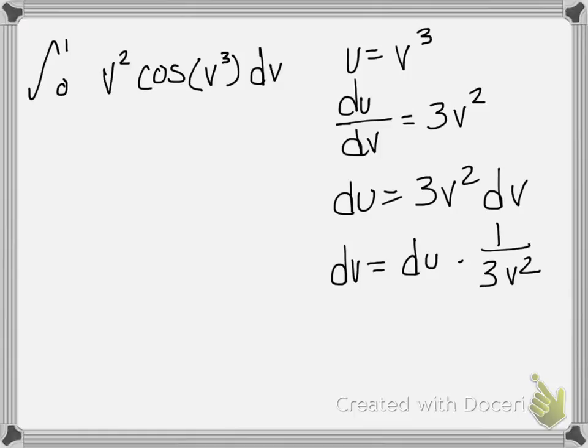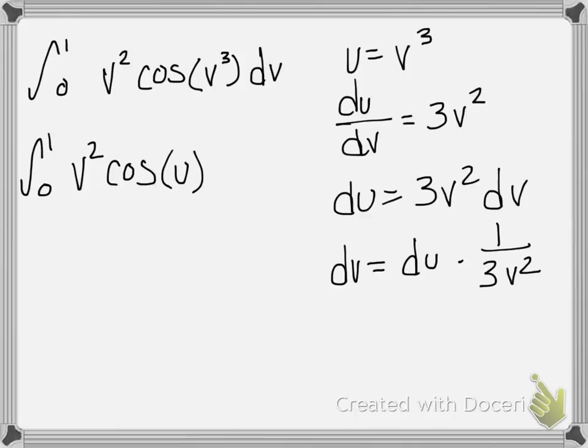Now that we have that, we can go ahead and substitute in everything that we have. So we're integrating from 0 to 1 of v squared cosine of u, because that's what we picked for v cubed.